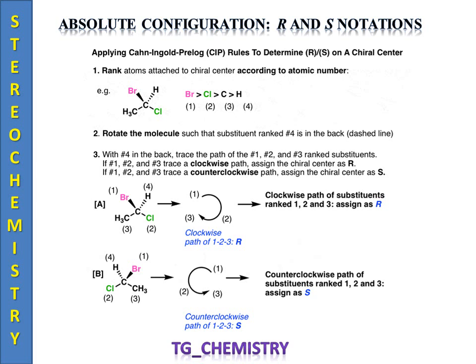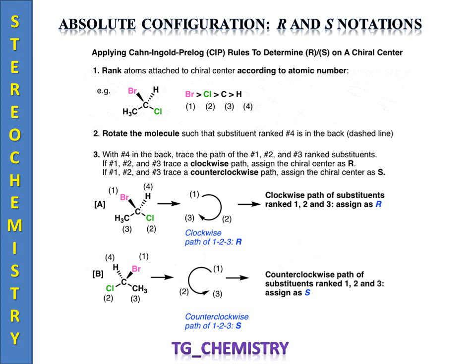Now we need to rotate the molecule in such a direction that the substituent 4, or the priority group 4, is in the back, in the dashed line, away from the viewer. For this compound, the hydrogen atom, which is the 4th in priority, is already placed in the dashed line, away from the viewer.